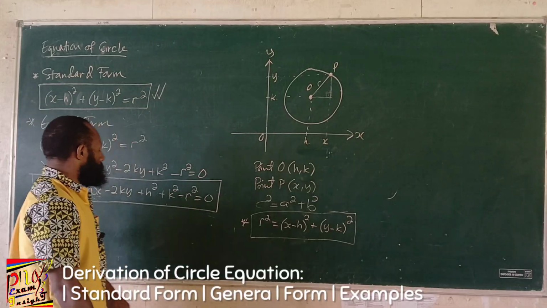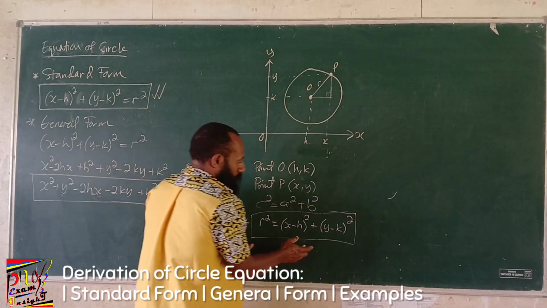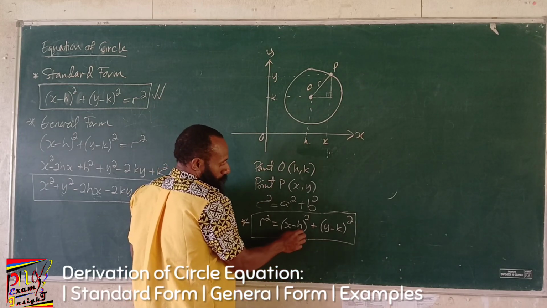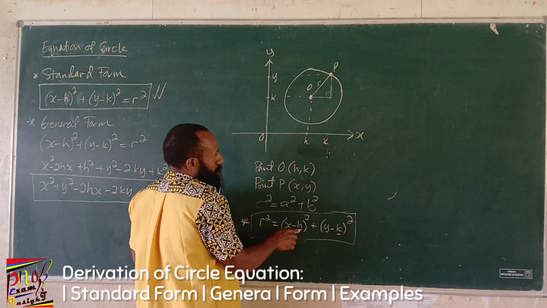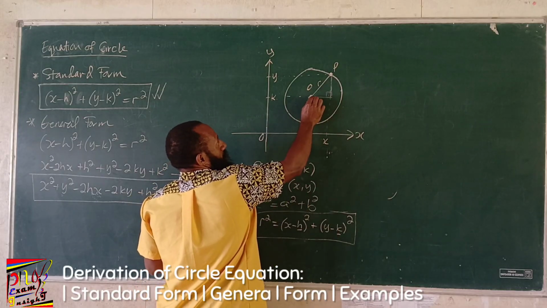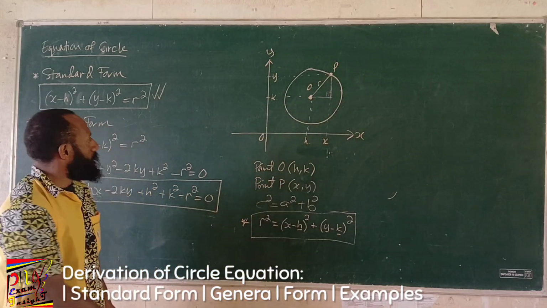One more thing. Now you have this, and now you know what H and K represent. H and K represent point O, which is the center.